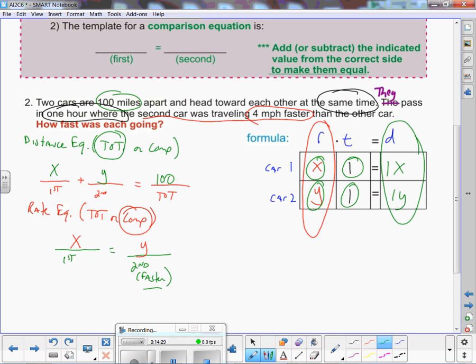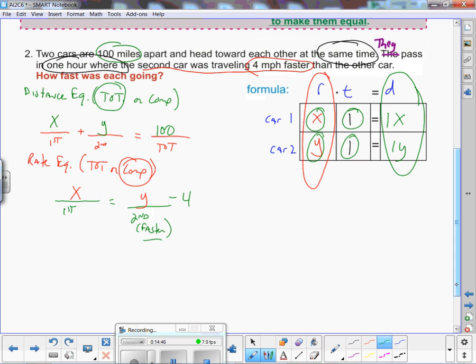So what do I do with that 4 to make them equal? It's already going faster. Now, some people already know what to do. They already know that they can go minus 4 and make it work. If you can't do that, you can play with just any numbers you want. You could say, okay, the first one is going 50, and this one's got to be going 4 miles an hour faster. That's 54.